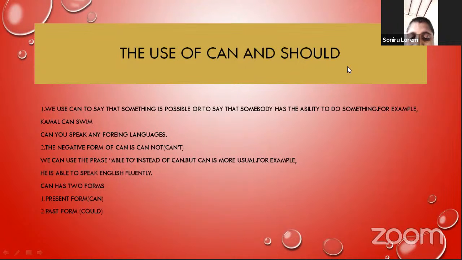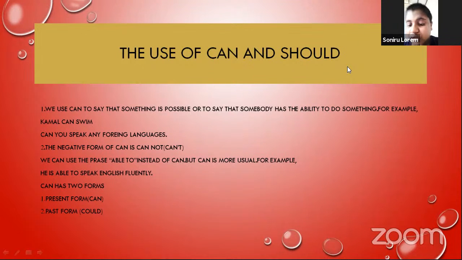However, can has two forms. We know that is has only one form, and shall has two forms. So what are those forms? Can is used in present time and can also be used to demonstrate something that happened in the past.